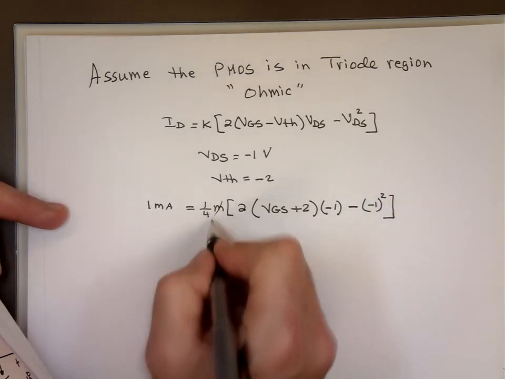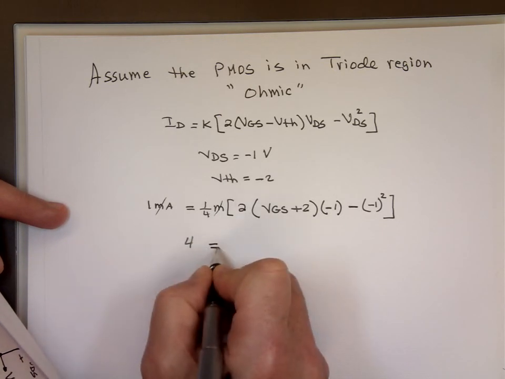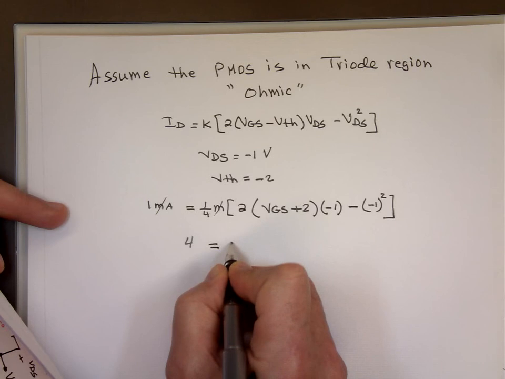The milli cancels the milli. Multiply everything by 4. 4 equals 2 times.